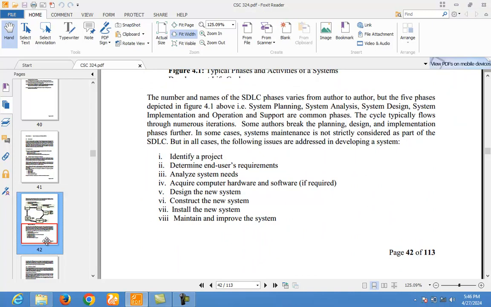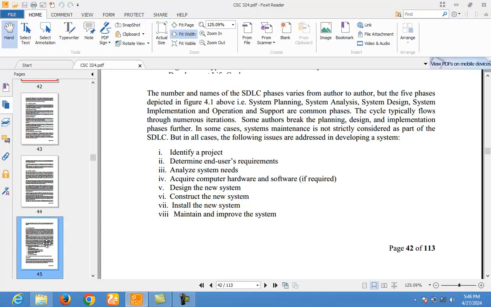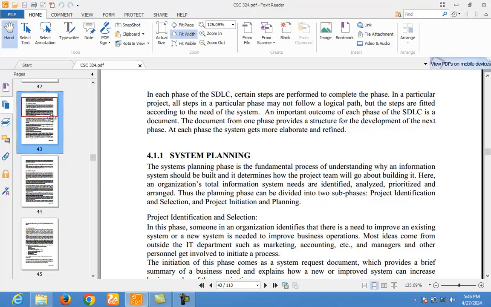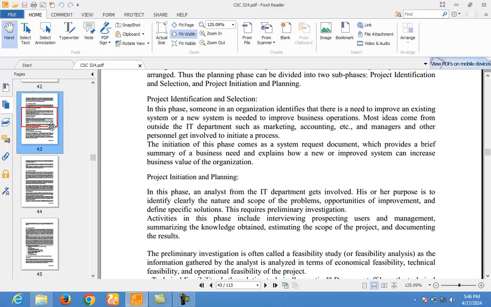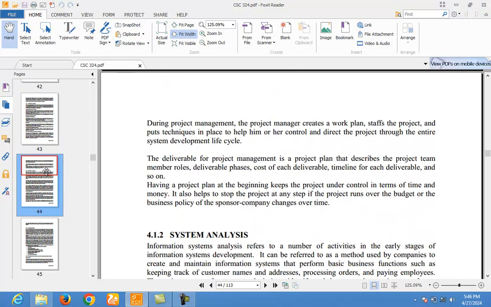At the planning stage, you are expected to identify a project, determine the requirements, then what the system will need, the needed hardware and software required, the system that will be designed and constructed. These are things we do at the planning stage. So we now need to focus on what the planning phase talks about, then what the analysis phase talks about.